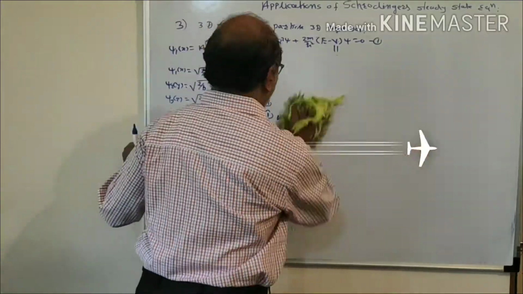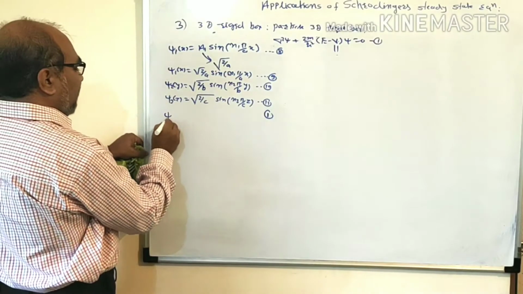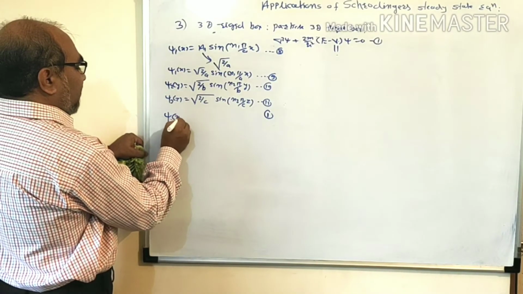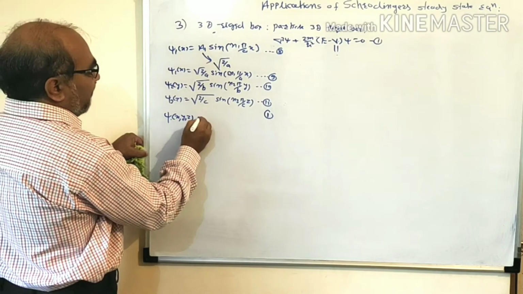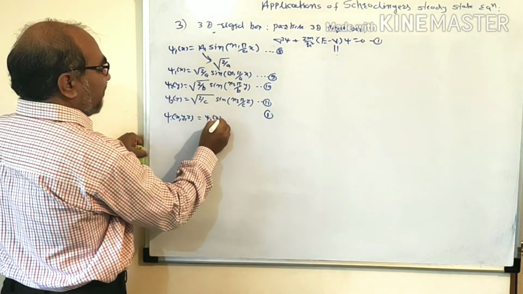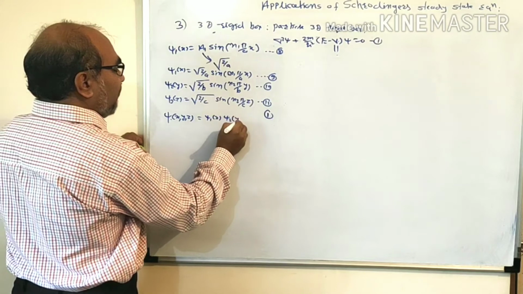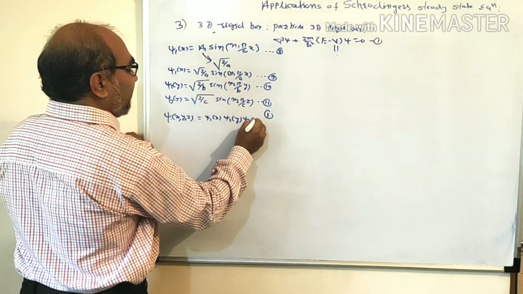Psi of x, y, z is equal to psi 1 of x times psi 2 of y times psi 3 of z.